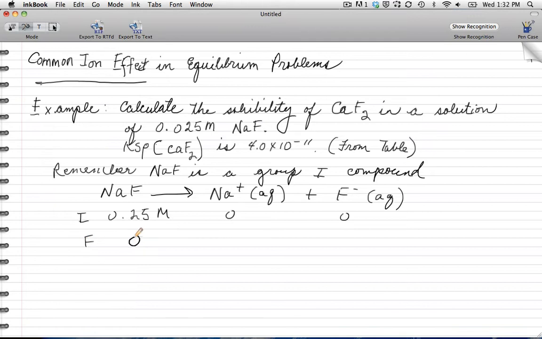Okay, so, oops, now I'm making a mistake. The sodium fluoride, which started out initially as 0.025 molar, completely dissociates into 0.025 molar sodium and 0.025 molar fluoride, and I'm going to catch that in a minute. I can see myself catching it.